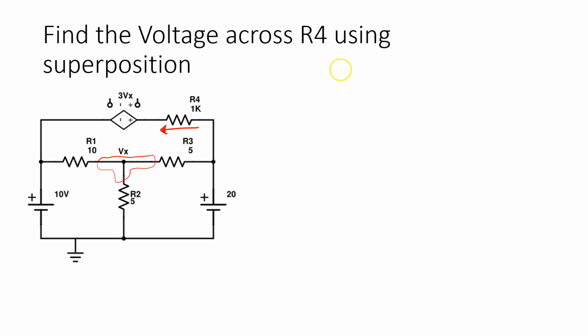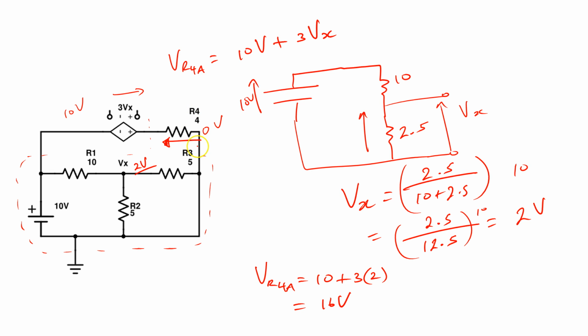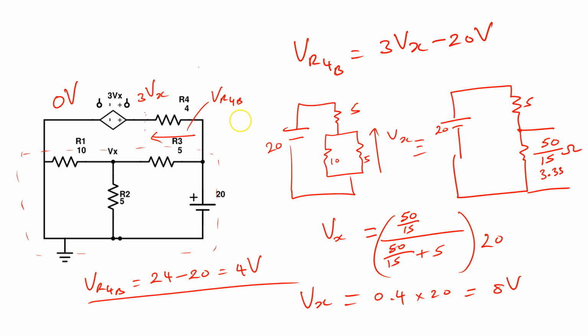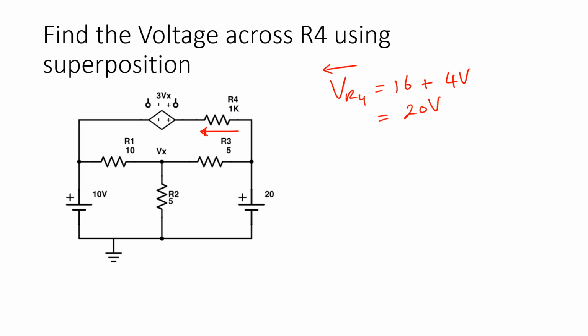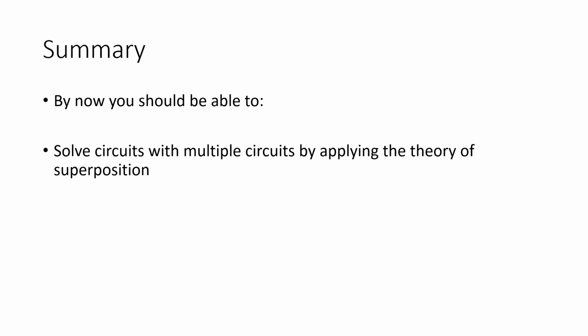This is the direction we want, going left. The direction we took for the 10 volts is that direction, and for the 20 volts, the same direction. We add the two and we get 20 volts.